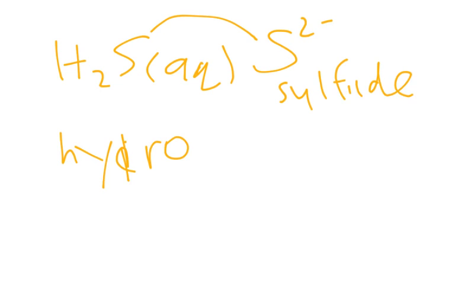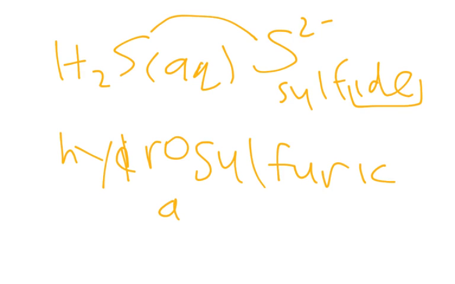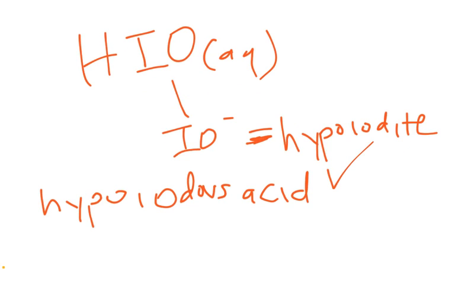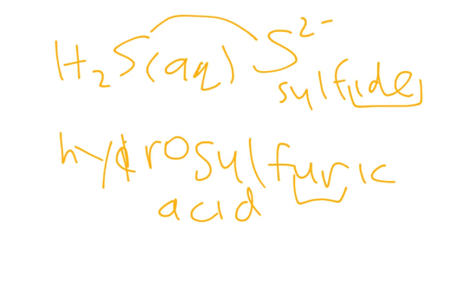So we're using the ide rule, so we had to use hydro. So hydrosulfuric acid. And why did I add the UR? Well, remember, if it has an S or a P, we always have to do that. It's just something you get used to.